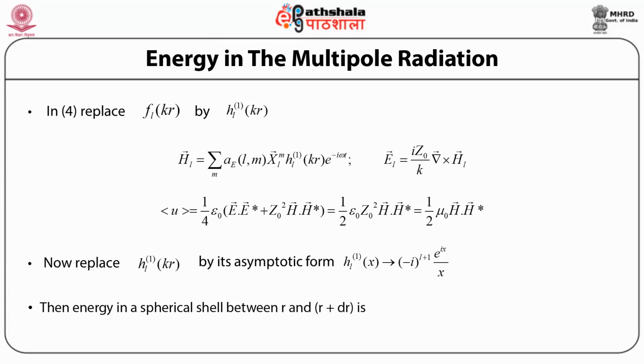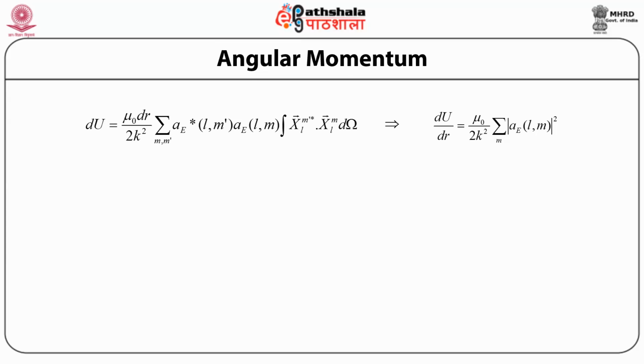Then energy in spherical shell between R and R plus dr is du is equals to mu naught dr by 2k square into summation m dash of ae conjugate as a function of L m dash and ae as a function of Lm into integral x Lm dash conjugate into x Lm d omega.